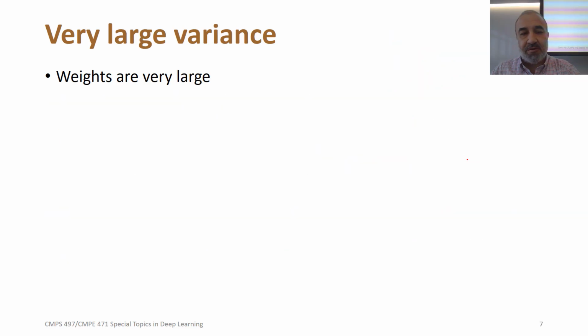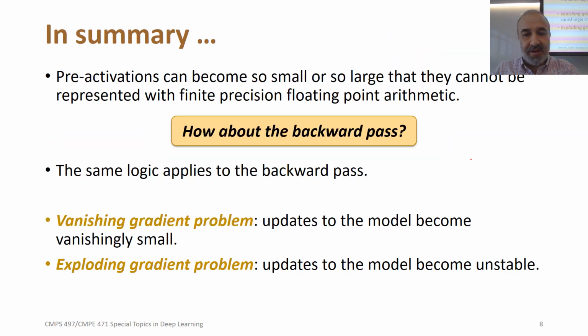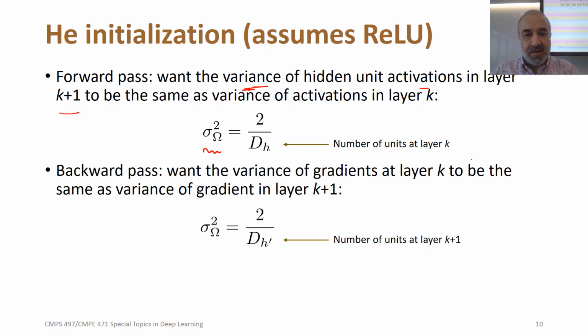So in the backward pass, the variance should be 2 over the number of units in the next layer, because of the ReLU.